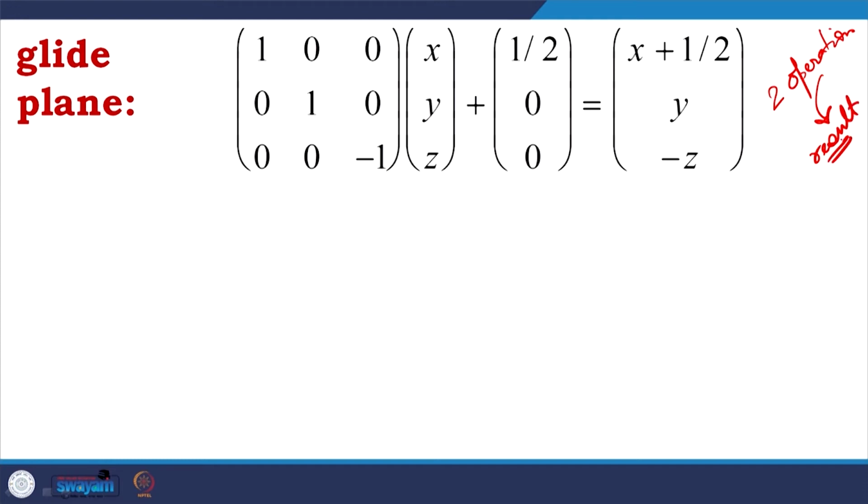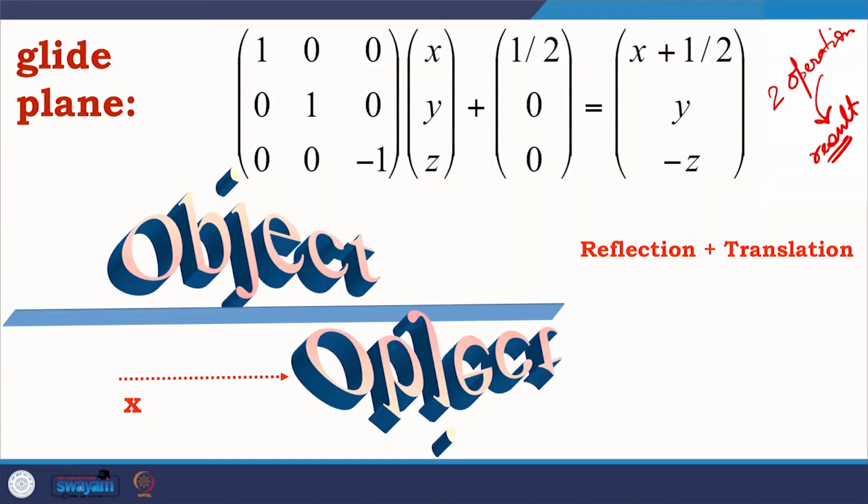So, x is x plus half, y is y, z is minus z. So, in the glide plane, it is a combination of reflection along with translation, reflection in z axis and then half translation.